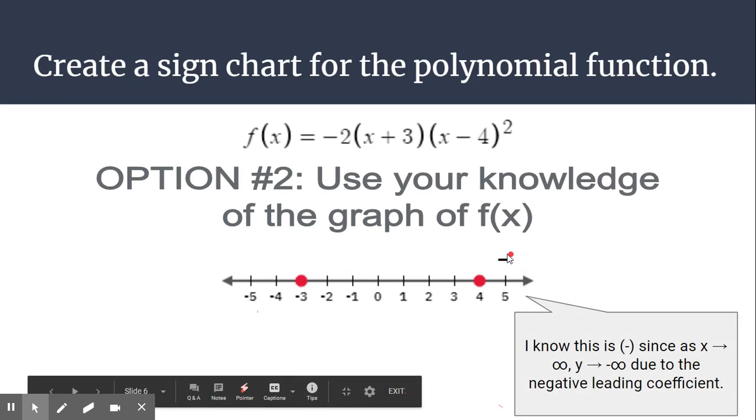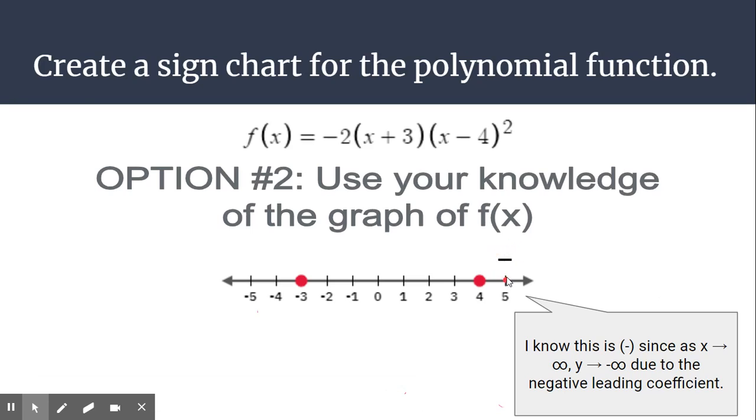Okay, so when I think about the way the graph will look, and I think about the end behavior of the graph, I know that this has to be a negative. That's because as x gets bigger and bigger and bigger, as x gets more and more positive, right, as we have a really, really, really big positive x value, that means we'll have a positive times a negative gets us the result of a negative.